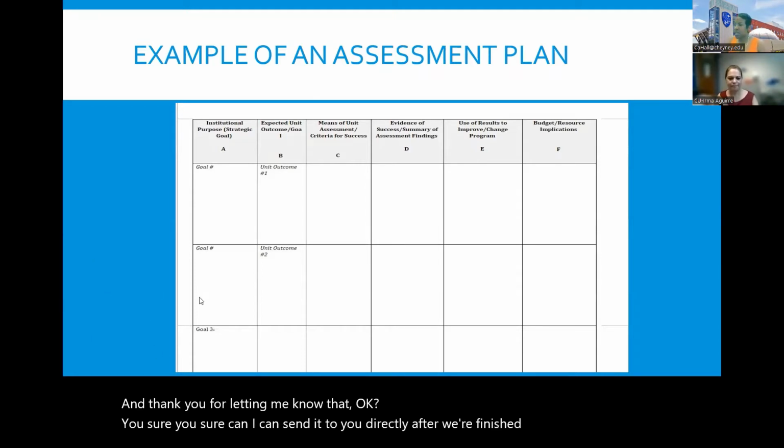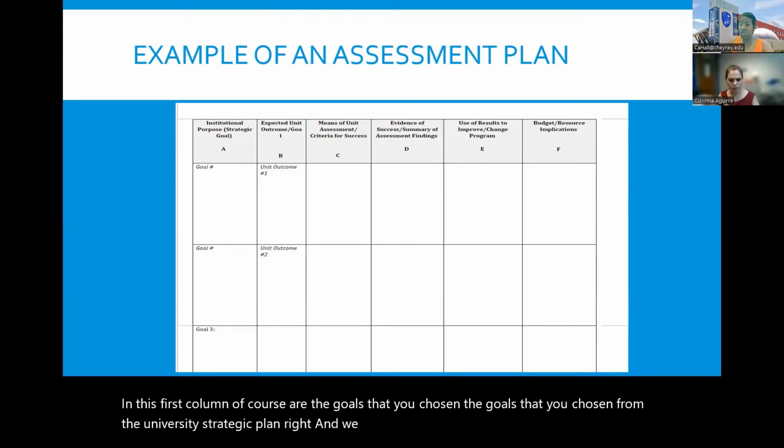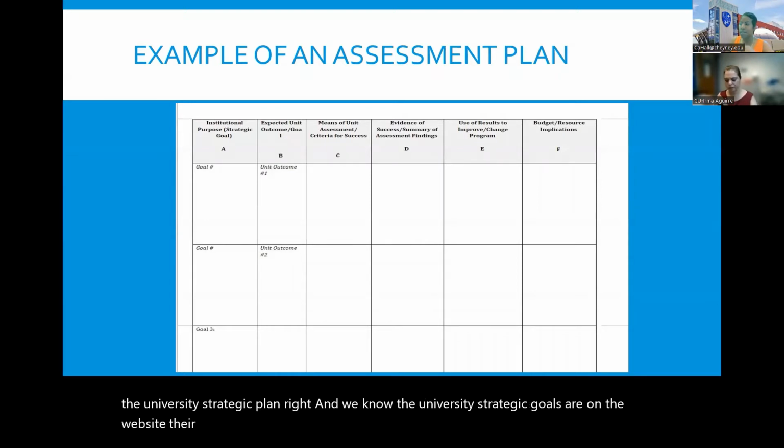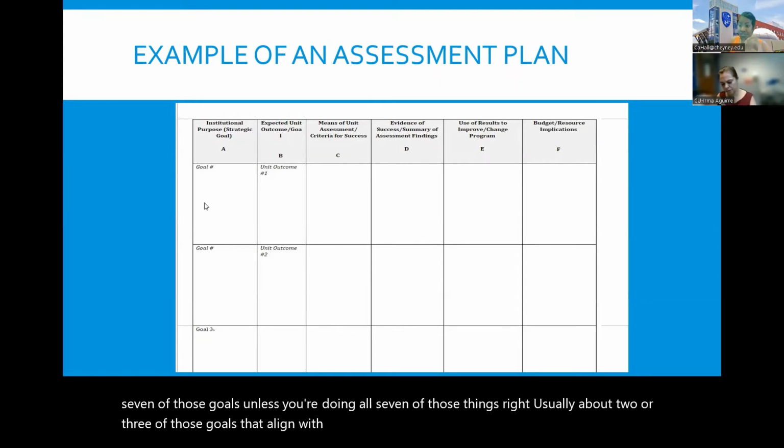Perfect. Okay. So in this first column, of course, are the goals that you've chosen from the university's strategic plan, right? And we know the university's strategic goals are on our website. And so you don't, of course, have to use all 7 of those goals unless you're doing all 7 of those things. Usually about 2 or 3 of those goals that align with your program or department are sufficient.